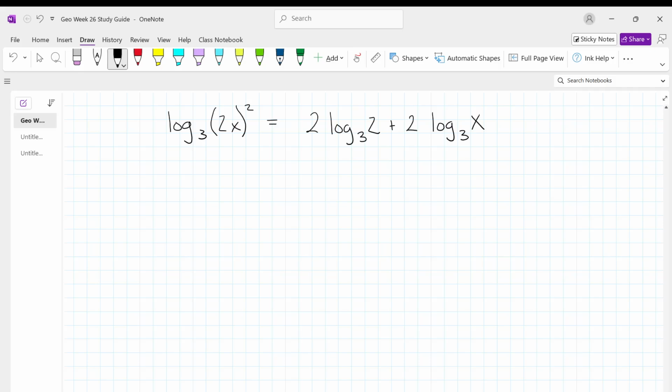So for the purposes of electronic assignment questions, I'm just going to use the word, if I want to describe this, it's going to be 2, a space, log, a space, 3 of, say, blank.